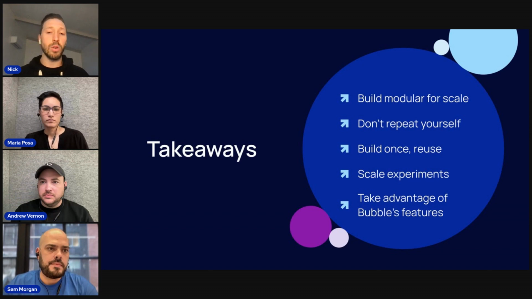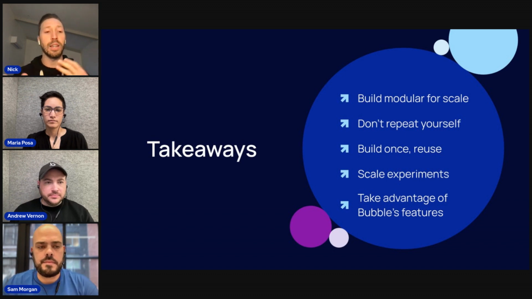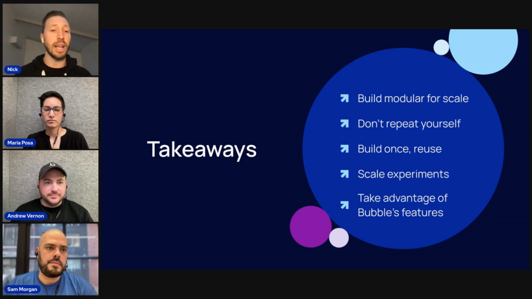We saw a really cool example of how our team breaks down key user flows into reusable chunks so that they can experiment and find the best path forward, all while maintaining that crucial data integrity. And finally, that there are plenty of awesome features native to our Bubble editor today that help you build in a more scalable and maintainable fashion.